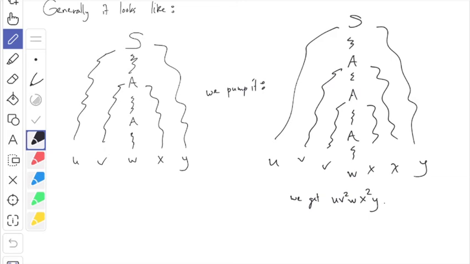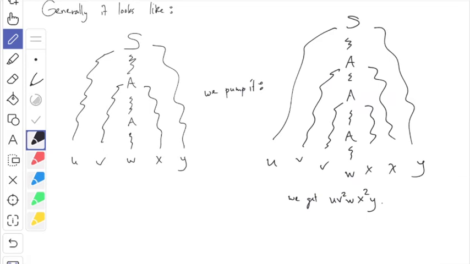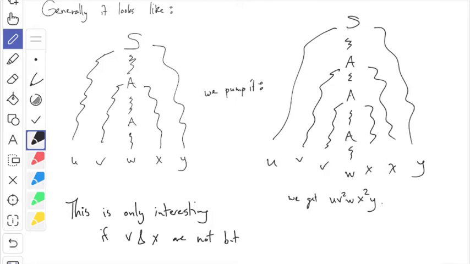Great. Now, I will remind you, this is only possible to do when A appears as its own descendant. I will also say, this is only interesting if V and X are not both the empty string, all right?